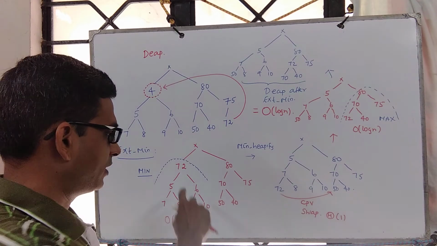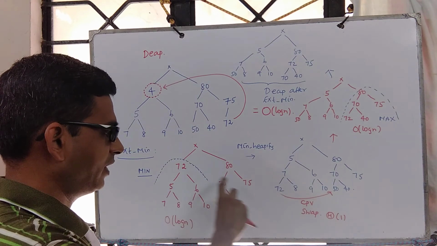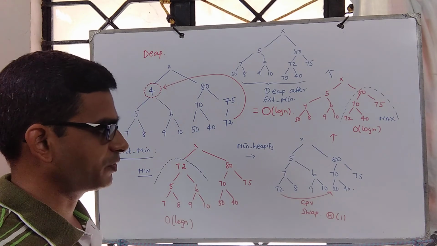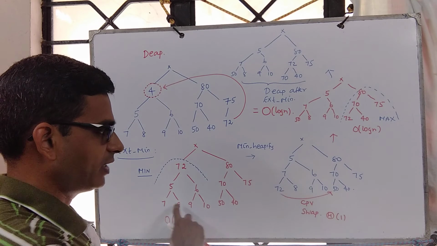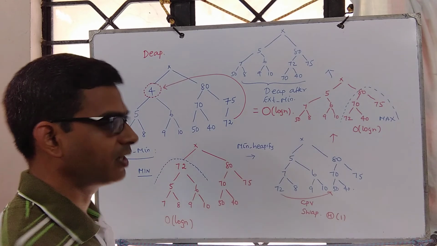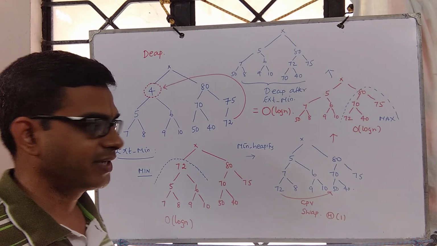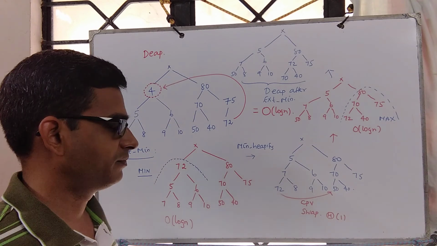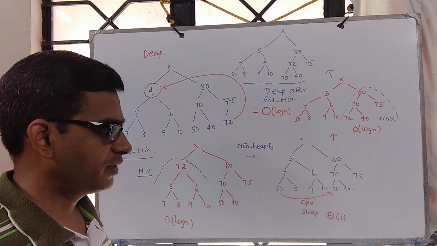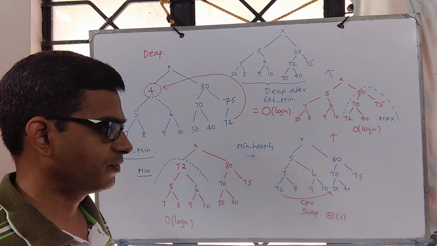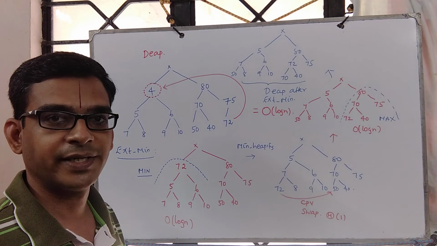If you pay attention to the structure of min and max and how things are arranged with respect to the correspondence property, you see that just one pass of min heapify, correspondence property, max heapify is enough. So think over it, we shall discuss maybe through some of the lectures or through assignments and so on.